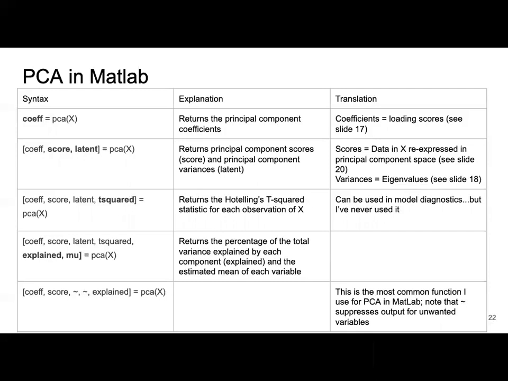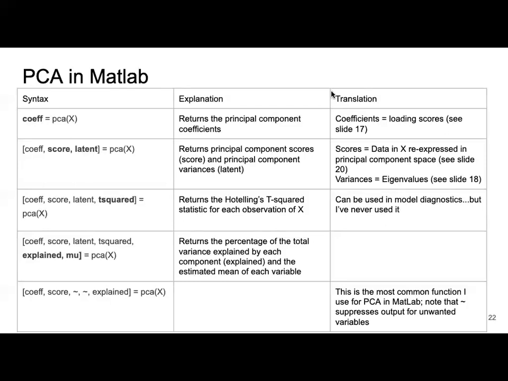And here I've included an extra column for translation because sometimes the terminology used in the MATLAB documentation is different to what is used typically in statistical lingo. So in all of my explanations so far, I've stuck with the terminology that you'll read in papers or other tutorials, but they don't match up quite as nicely with MATLAB.